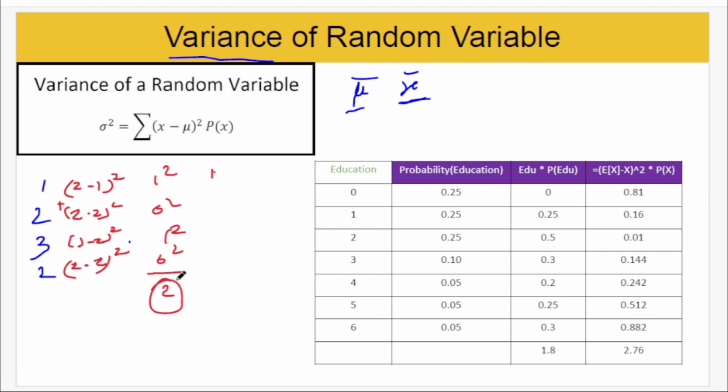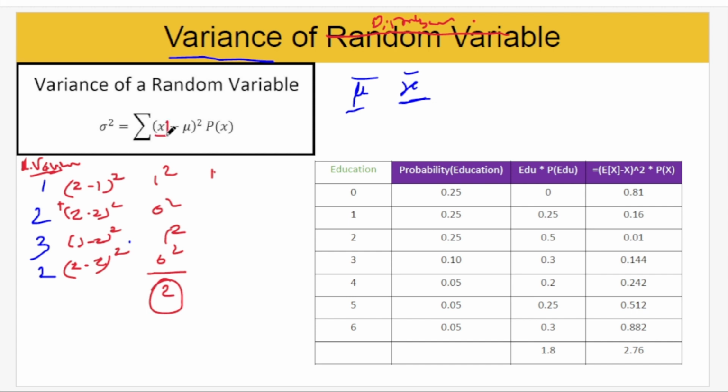So my variance is 2. This is how we calculate it for a normal variable. Now when it comes to a random variable, we are calculating the variance of this random variable, or rather the distribution. Words are not important. Then what you need to do is given by this formula.